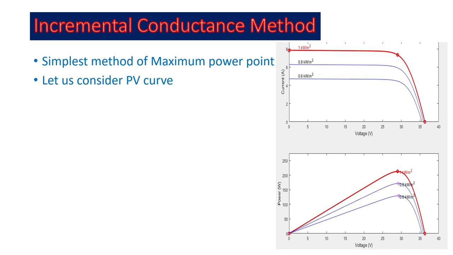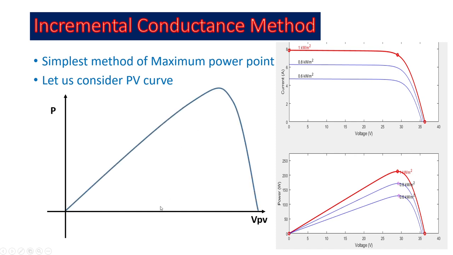Let us discuss deeply from the curve how we can understand incremental conductance. Let us consider the PV curve. At this point, we get the maximum power point. From this point, we can divide the curve into two sections: one is the left hand side, another is the right hand side. In this region, where the voltage starts from 0, the current is maintained as constant.